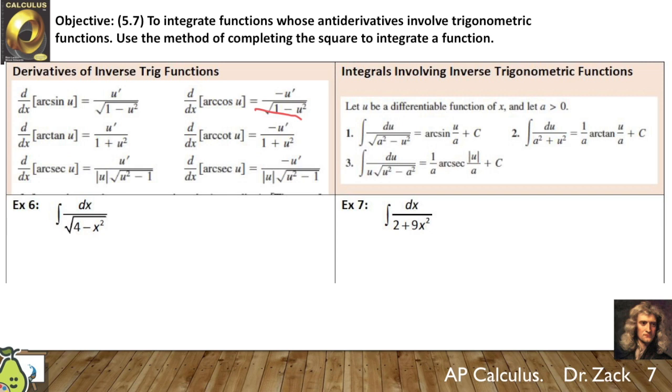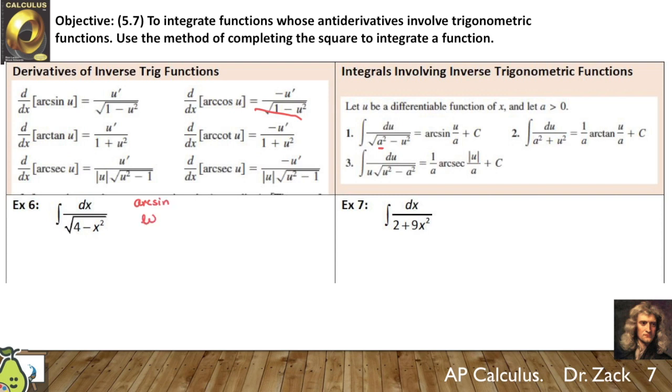Notice we have 4 minus x squared in your denominator. When we take a look at all the formulas that we've been practicing with, the one that has a number minus something squared under the root is an arc sine. So we're going to tend to try to find an arc sine as our final answer.